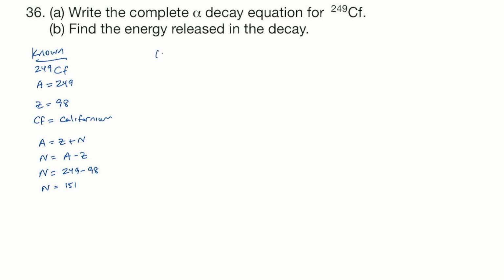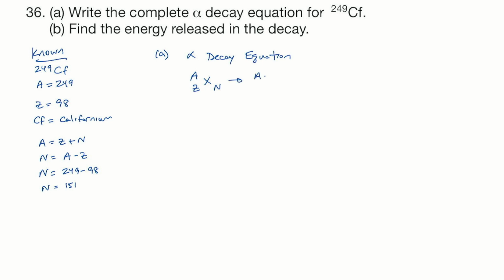All right, so we'll do part A. So we've got the alpha decay equation. We have nuclide X with mass number A, Z protons, and N neutrons.